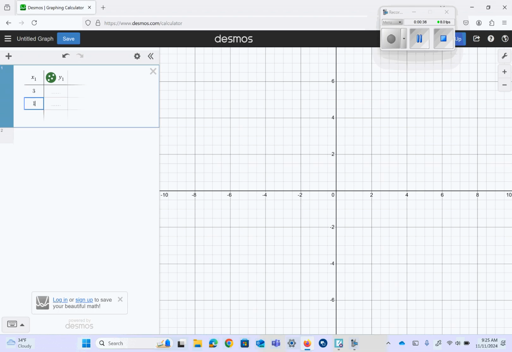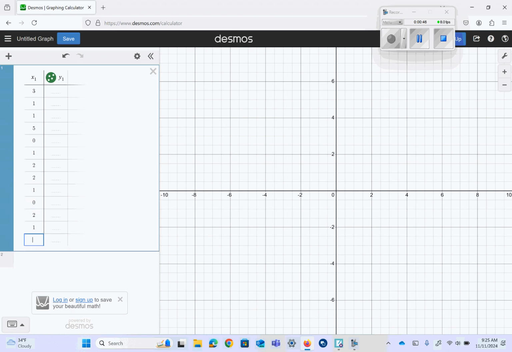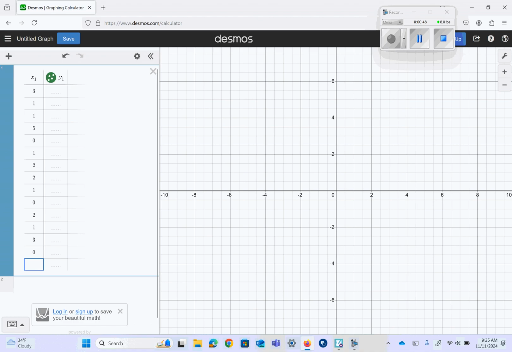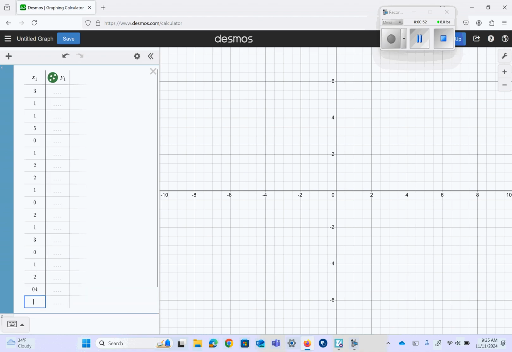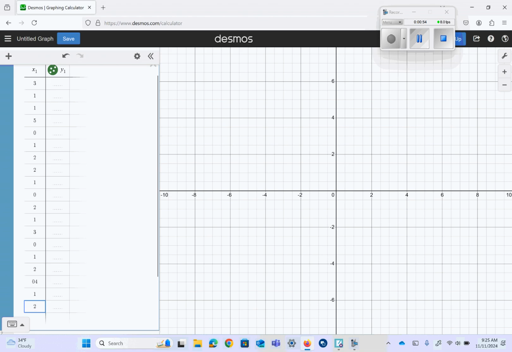So 3, 1, 1, 5, 0, 1, 2, 2, 1, 0, 2, 1, 3, 0, 1, 2, 0, 4, 1, and 2. All right, so it says goals scored each game for an entire soccer season.